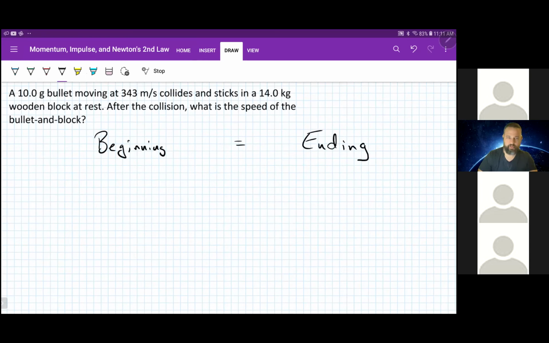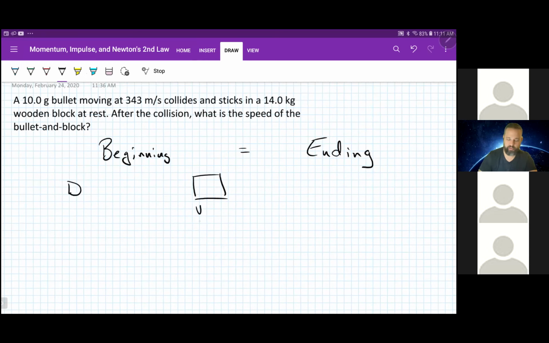At the beginning, we have a bullet and a block. The block is at rest. We'll call that block A. The initial speed of the block is 0, and the mass of A is 14 kilograms.